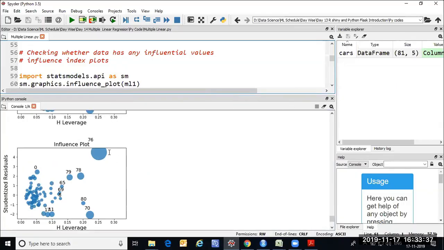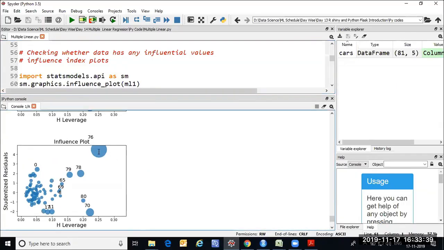By looking at this, the 76th observation seems to be highly influential. Why is it 76 when we checked it in R as 77? The indexing starts with 0 in Python, so 76 in Python actually means 77.